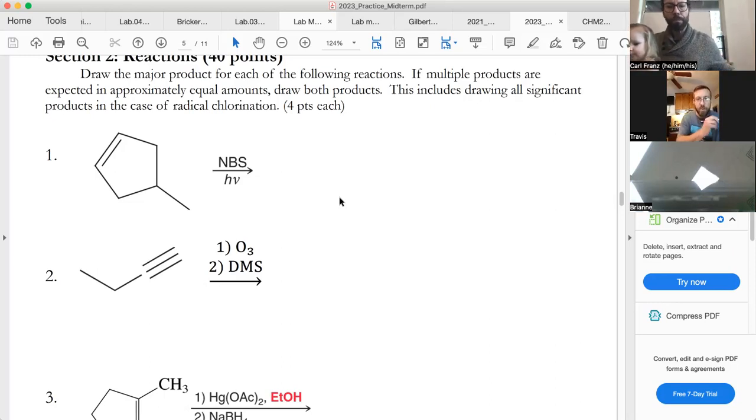Sure. Okay. All right. So when you see NBS, and you see heat and light, what that should trigger in your mind is an allylic bromination.